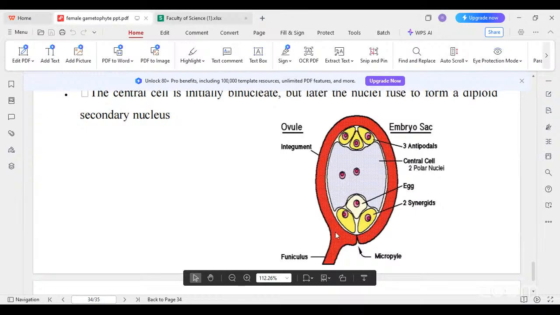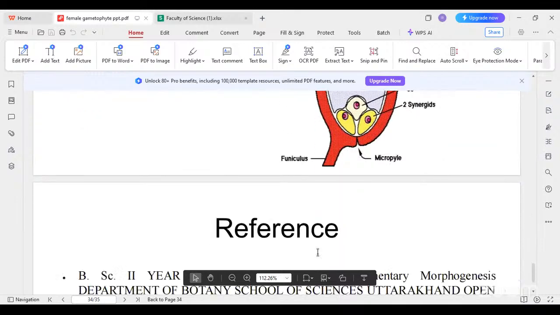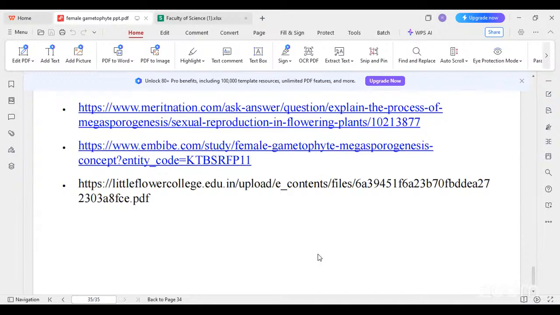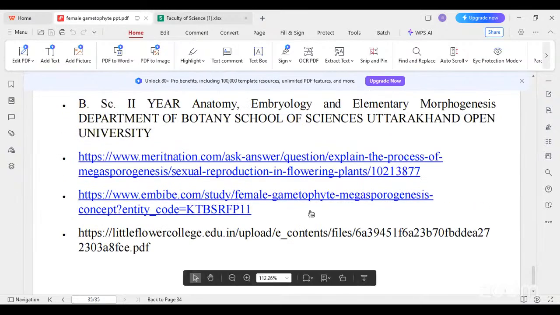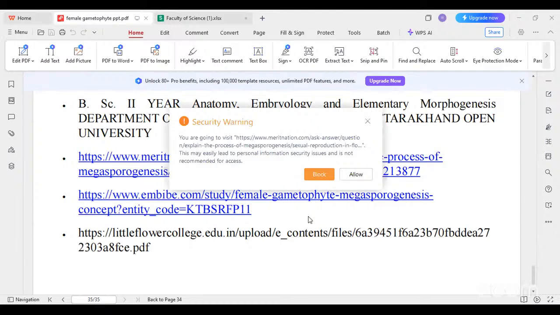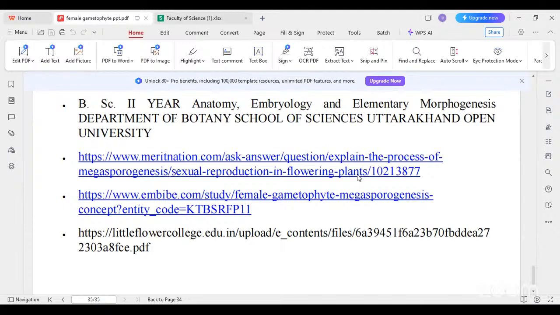This is the micropyle. This one is the funicle. These are the types of embryo sac.